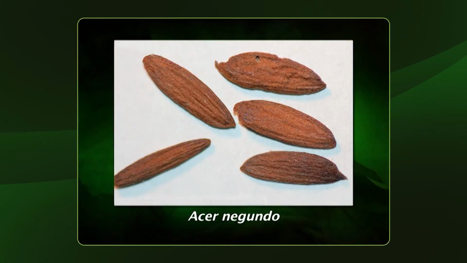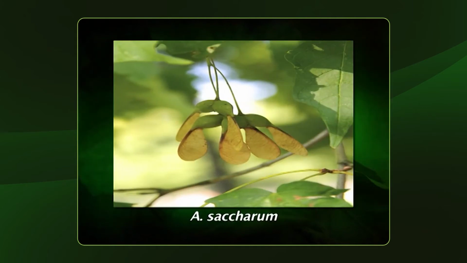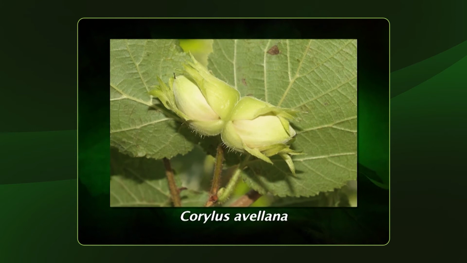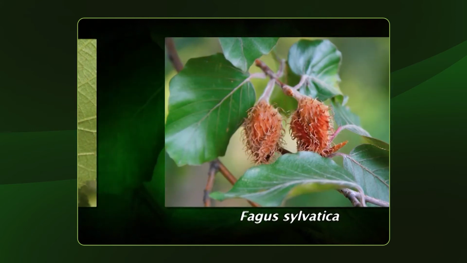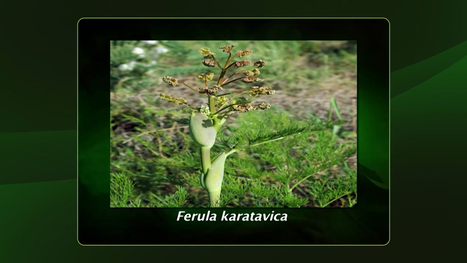Intermediate physiological dormancy is present in the seeds of Acer negundo, Acer pseudoplatanus, Acer saccharum, Corylus avellana, Fagus sylvatica, Ferula, etc. Like in non-deep physiological dormancy, embryos excised from intermediate physiological dormant seeds germinate and the resulting seedlings are normal.